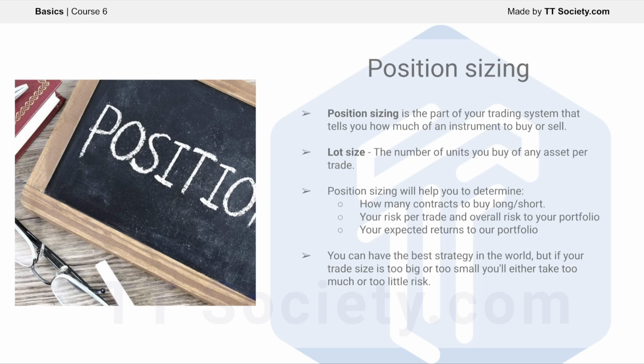Position sizing will help you to determine how many contracts, the risk per trade, and overall risk to your portfolio, to your account, your expected returns. You can have the best strategy in the world, but if your trade size is too big or too small, you'll either take too much or too little risk. So you need to find the right balance. Let's go and have a look at an example on TradingView.